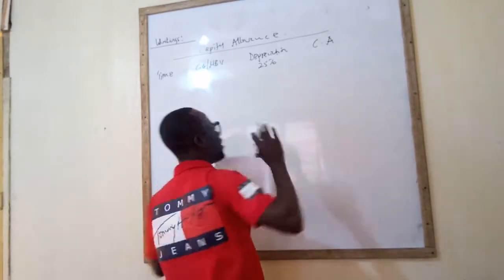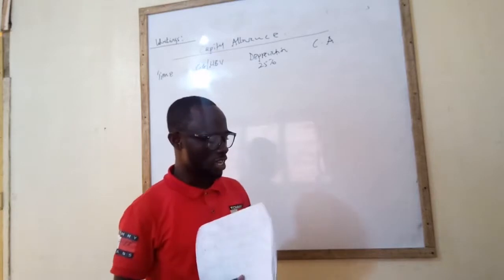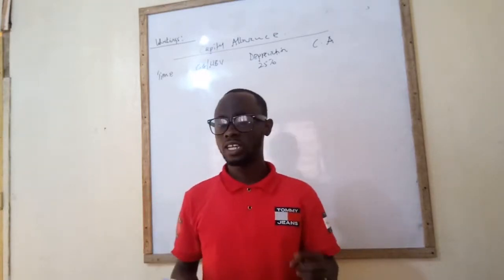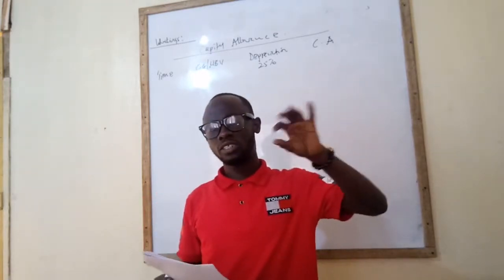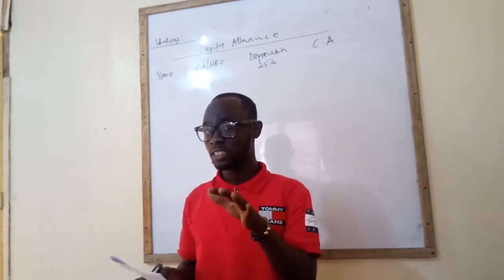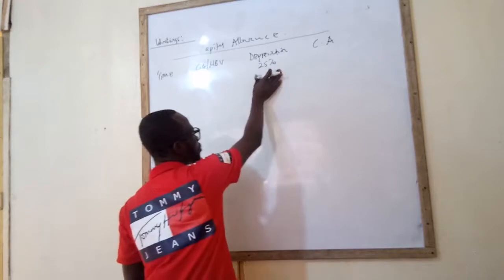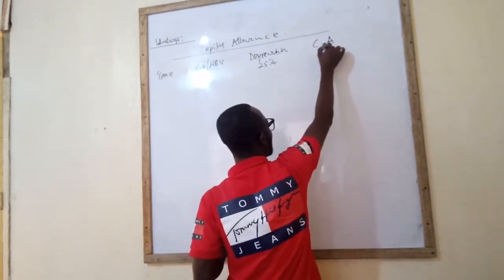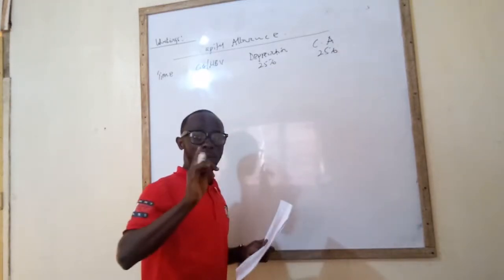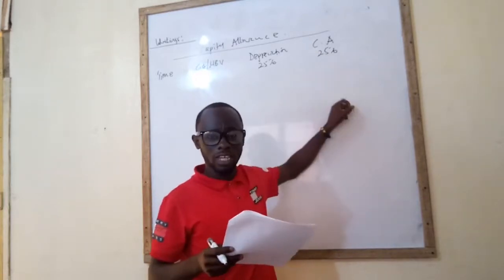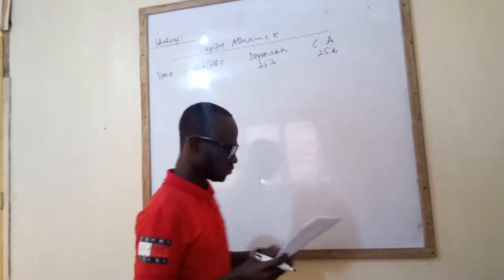So now in this question, it is just a coincidence that the depreciation rate is the same as the tax rate, but in reality, it's not going to be like that, right? So our depreciation rate is 25%, our tax rate is also at 25%. So remember, the capital allowance will be calculated using the tax rate.